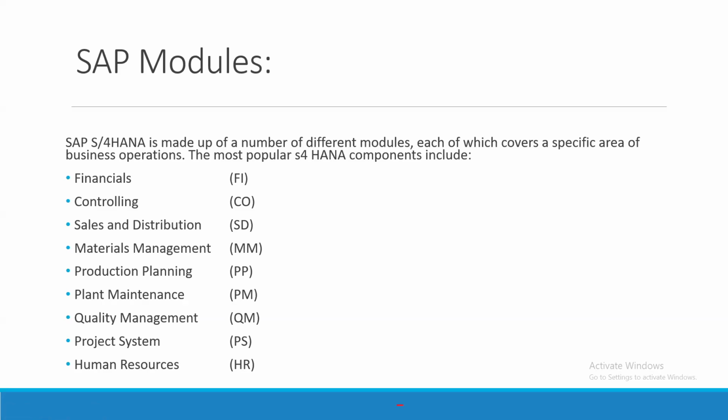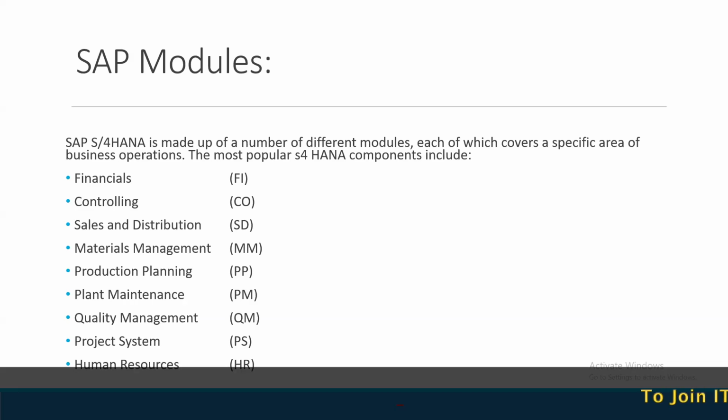But at least they have to go with FICO, sales, purchase and production. These are called base modules. Even if you are working without quality, or without plant maintenance or PS, that is fine. Let's say you are not wishing to do HR right now. Whatever software you are currently using in your HR department, you will continue with the same. If you are not currently using HR as an SAP module, that is fine.